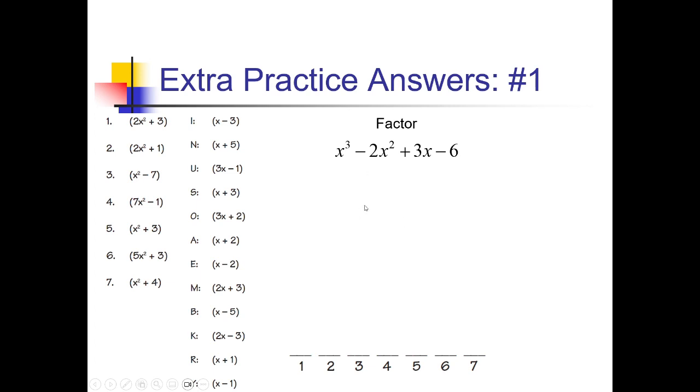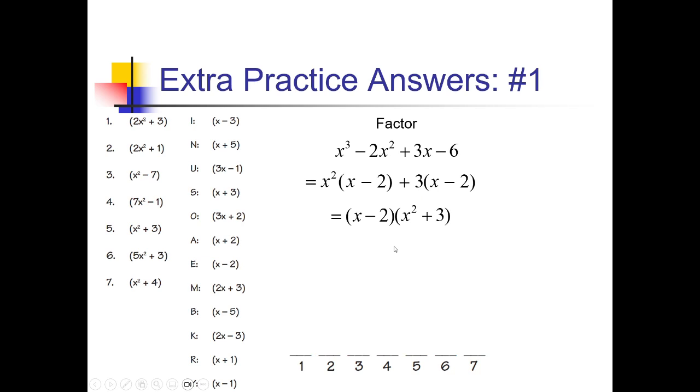So for problem 1, first 2 terms, it looks like I can take out a common factor of x squared. That leaves me with an x minus 2 for the leftovers there. And then for the next one, we have a 3 that I can take out from 3 and 6, leaving me with an x minus 2. Since I have x minus 2 repeated, I can take that out as a common factor, and that leaves me with x squared plus 3 as my leftovers next door.